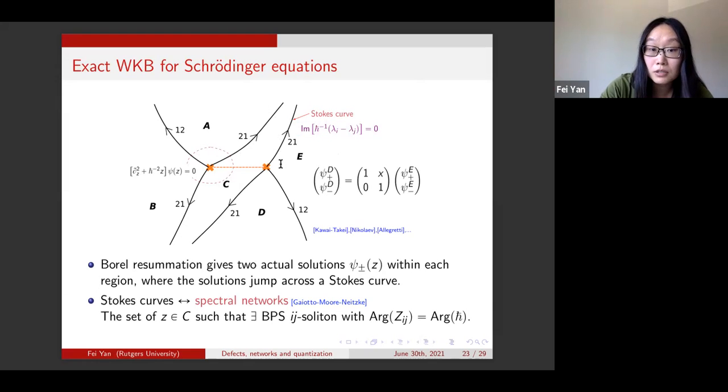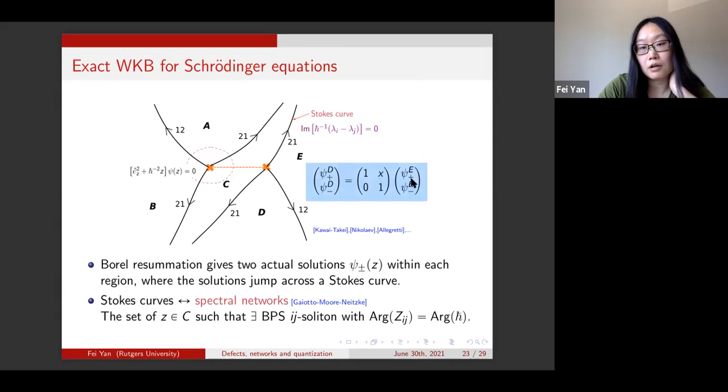So you have those Stokes curves, and they carve out the whole z plane into different regions. And within each region, you could do Borel summation and get two actual solutions. However, those solutions will jump as you go across the Stokes curve, and the jumping takes this kind of unipotent form. And one could get a handle on why the Stokes curves are determined by this condition and why the jumping happens like this by doing some local analysis around a simple branch point.